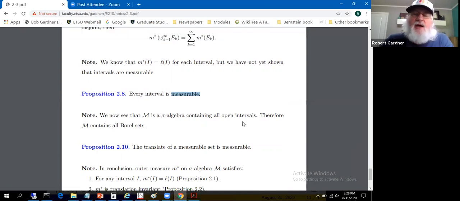So we've got a sigma algebra that contains all open intervals. What does an open set of real numbers look like? A countable disjoint union of open intervals. So if we've got the open intervals and we've got countable unions, then this sigma algebra must include all open sets. What was the smallest sigma algebra including the open sets? Those were called the Borel sets.